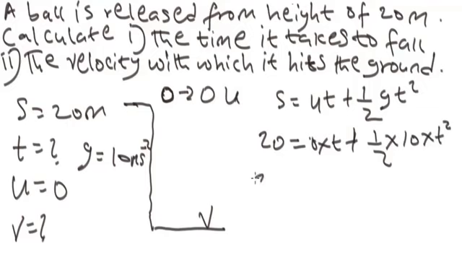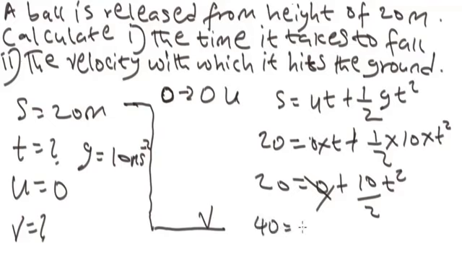Simplifying, 20 equals 0 plus 10t squared. If you cross multiply, 20 times 2 is 40, so 40 equals 10t squared.